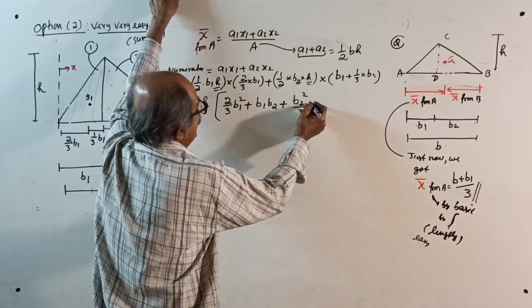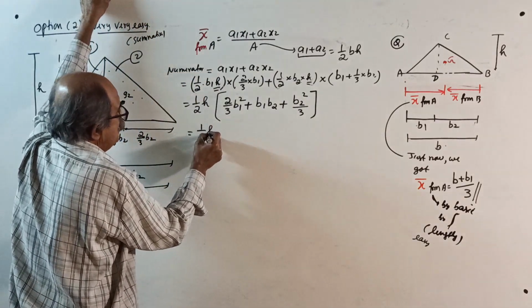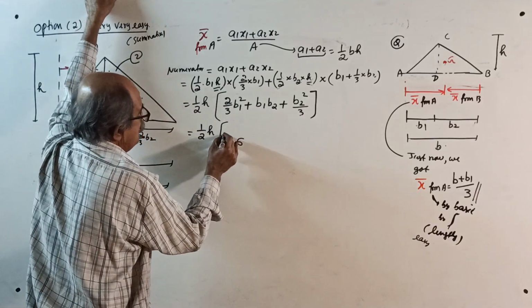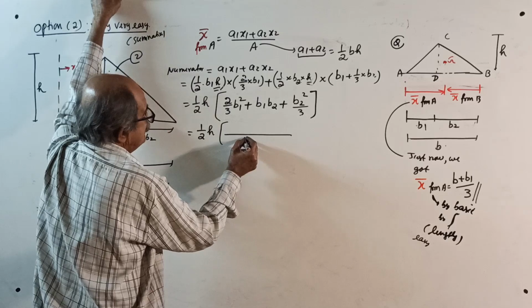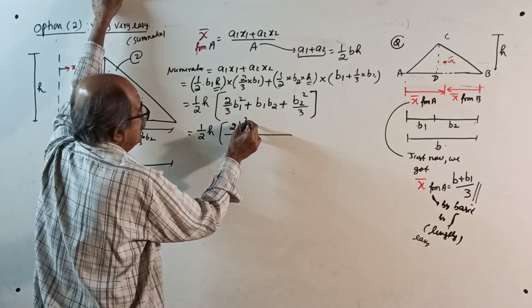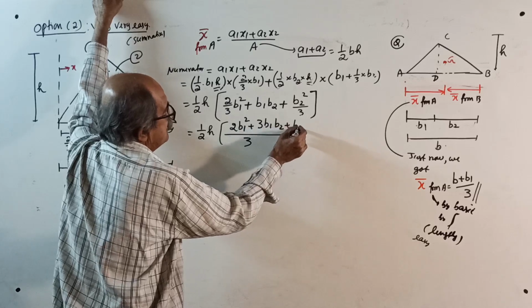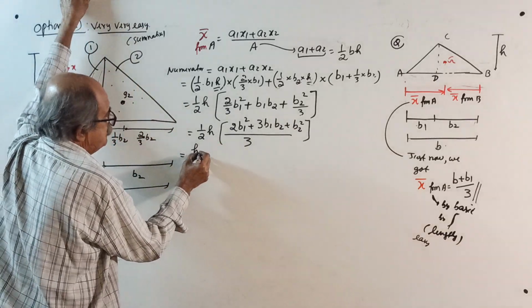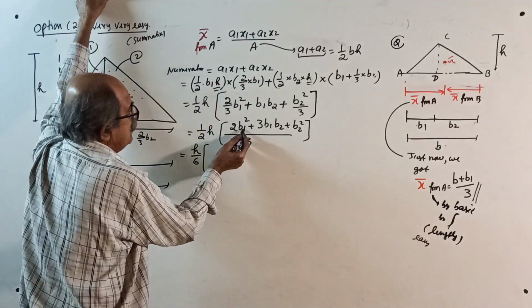B2 square divided by 3 is equal to 1 by 2 H into, take a common denominator, 3 common denominator. If I take 3 as the common denominator, we get 2B1 square plus 3B1 B2 plus B2 square by 3, which is equal to H by 6 into 2B1 square plus 3B1 B2 plus B2 square.